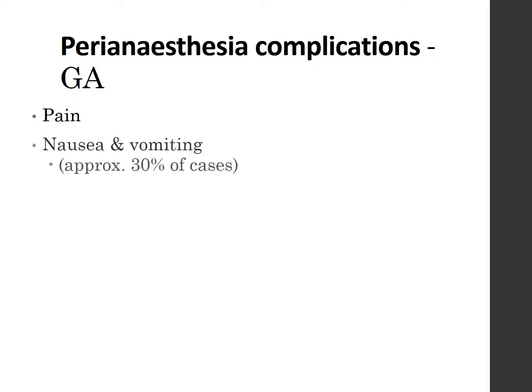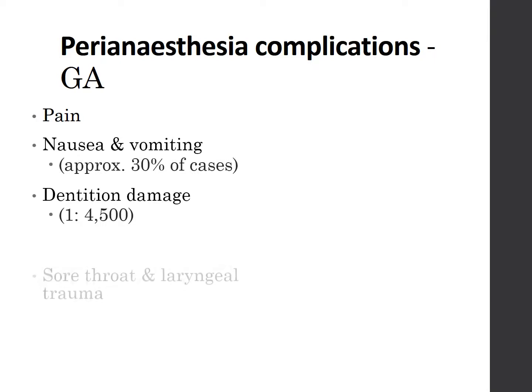or its magnitude. Nausea and vomiting, similar to pain, in overall estimates it may impact up to 30% of the population. However, in higher risk groups, that may be as high as 70%. Damage to teeth, for example, it may impact 1 in 4,500 cases.